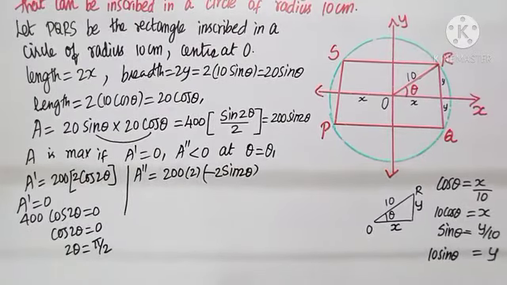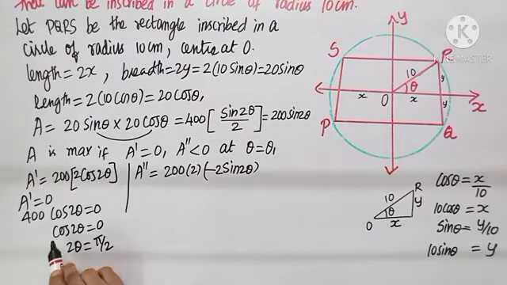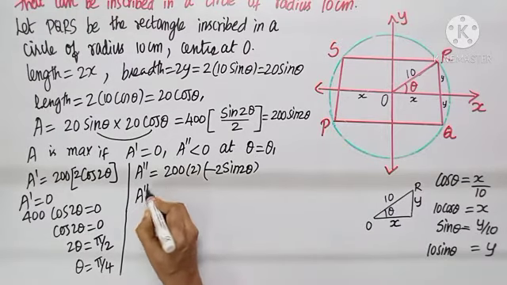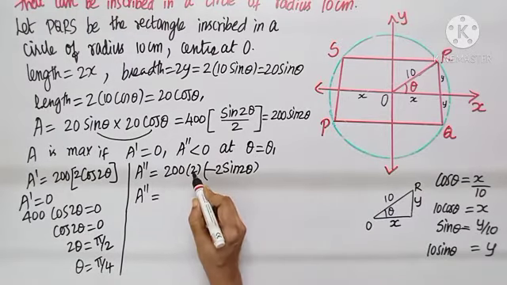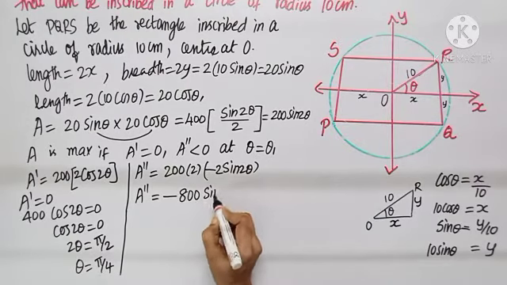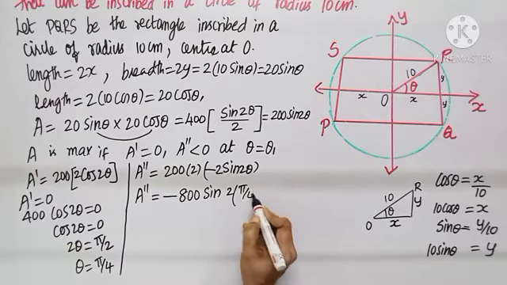Cos 90 is 0. So, cos 2 theta equals 0 tells me 2 theta is pi by 2, or theta value is pi by 4. Put it back in A double dash. A double dash equals 200 into 2 into 2, totally it is 800 sin 2 theta.